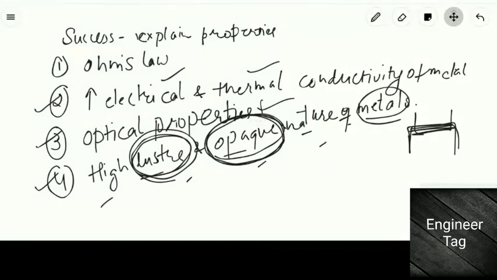However, there are some failures of this theory. It can explain these four phenomena, but there are some properties which cannot be explained using this theory.